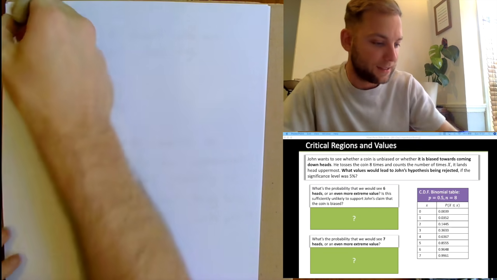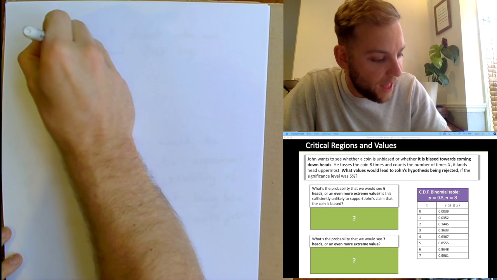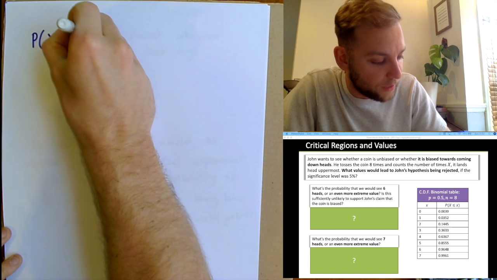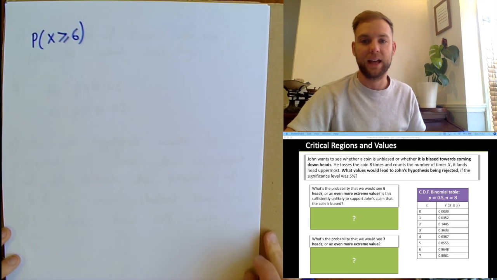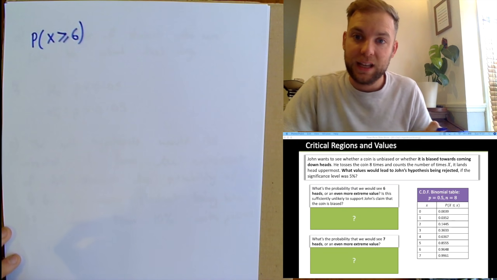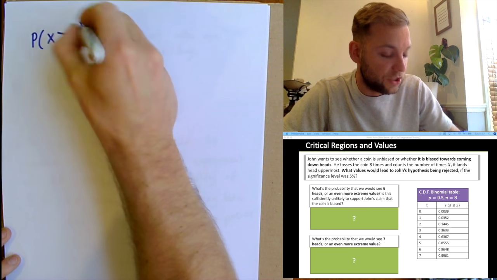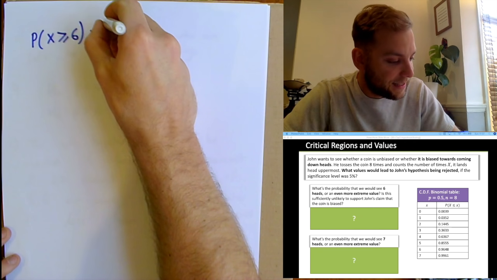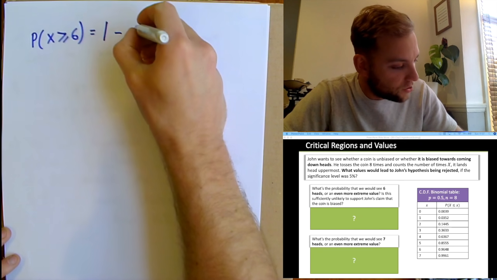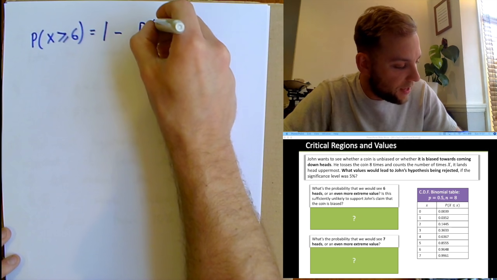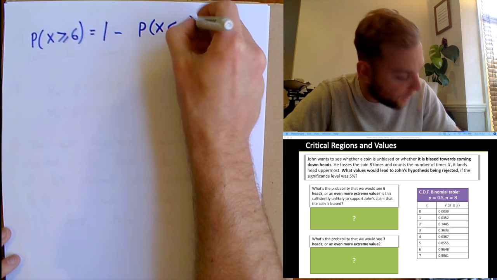So we're looking at the probability of x being greater than or equal to 6. Now, the probability of something being greater than or equal to 6 using this table is the same as 1 minus the probability of this being less than or equal to 5.